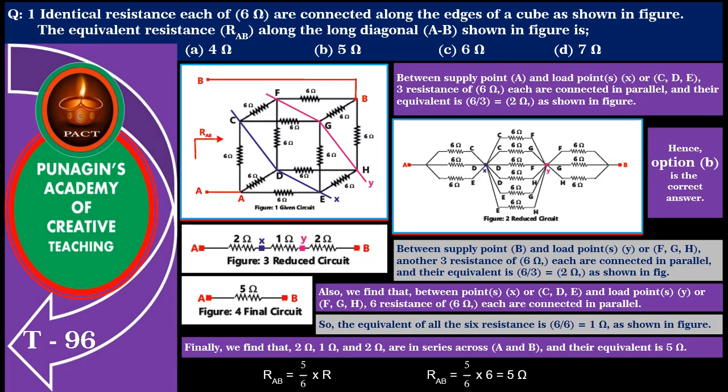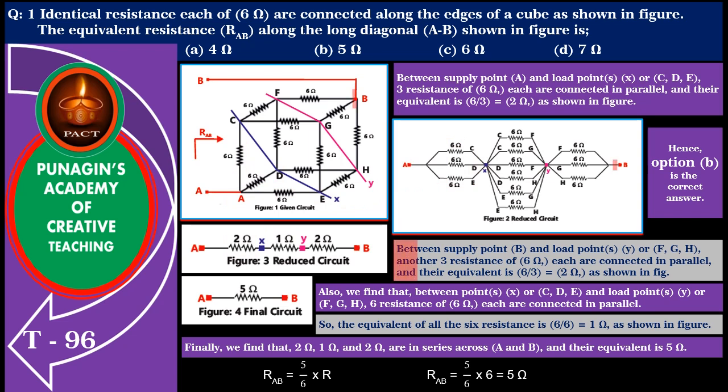Friends, we find that between supply point A and the load point X or C, D, E, three resistances each of 6 ohm are connected in parallel, and their equivalent is 6 divided by 3 equal to 2 ohm as shown in the figure.